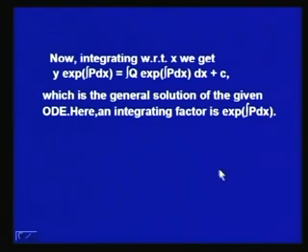Now, let us integrate both sides of this equation with respect to x. We shall have y e^(∫p dx) equal to the integral of q e^(∫p dx) dx plus c, where c is an arbitrary constant, and thus this equation gives us the general solution of the given ordinary differential equation of first order, which is linear.